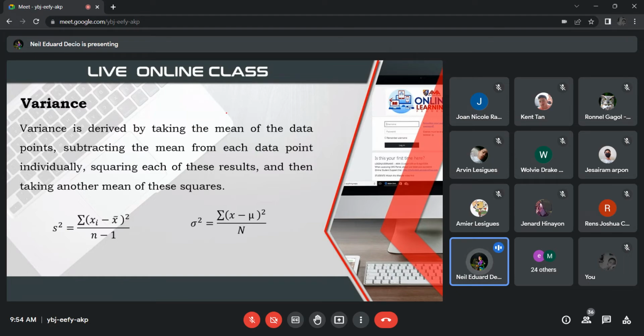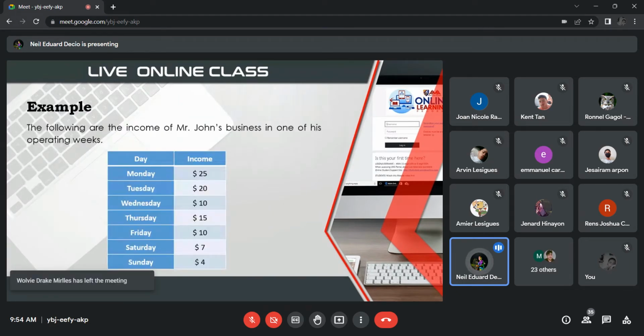So for instance, we have here the income of Mr. John's business. What I did here is I just converted it into dollars so it won't consume too much space. So according to the formula, this is just S squared. For instance, this is just a sample.